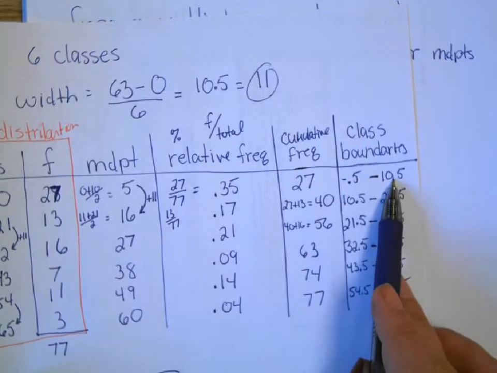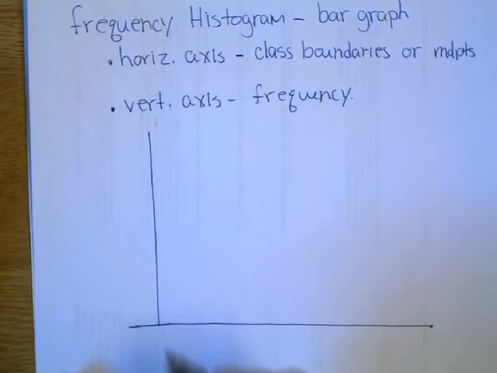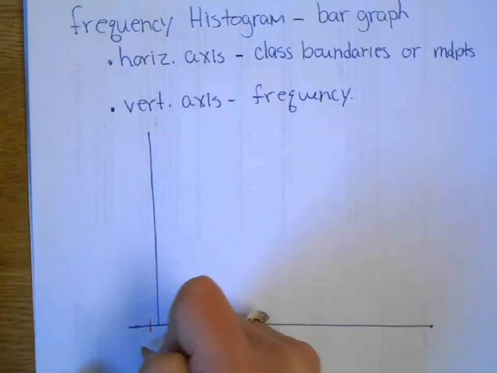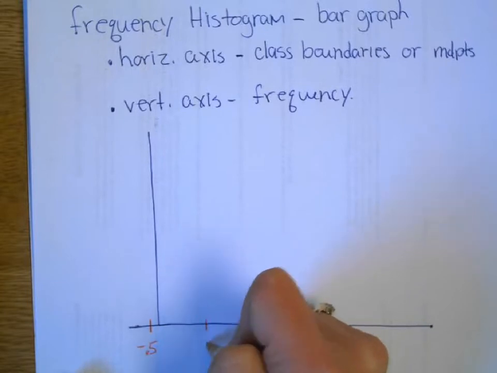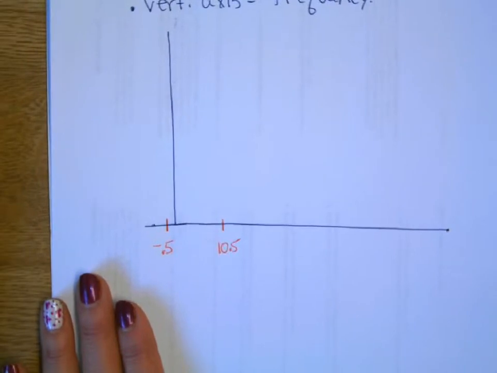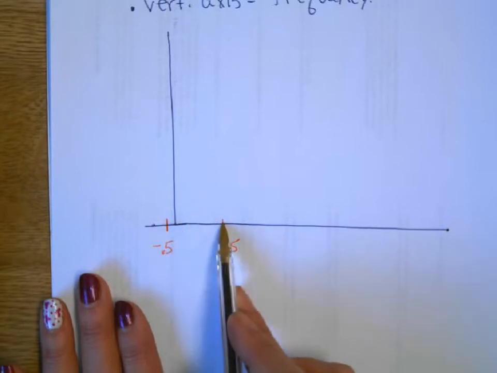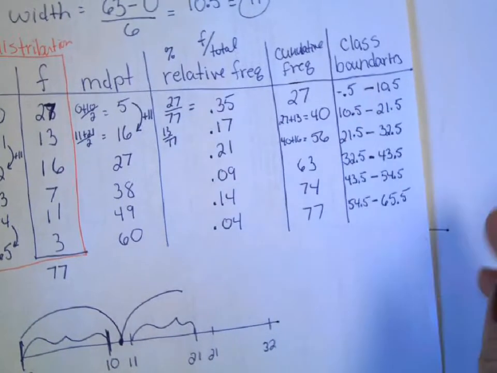All right, I'm going to go with class boundaries. So my class boundaries are negative 0.5 to 10.5. I'm going to back this up a little bit. Like I said, it doesn't really matter. Negative 0.5, and I'll make my width here to 10.5. So you see this distance that I've established? Every bar is going to have that same width because we kept everything uniform in size.